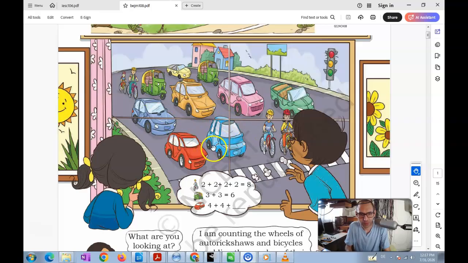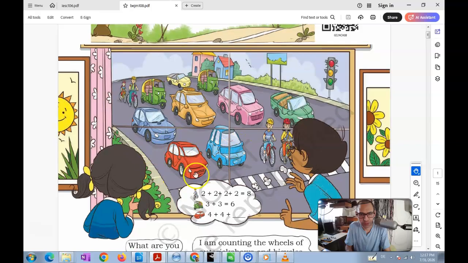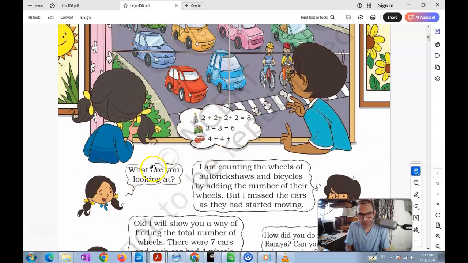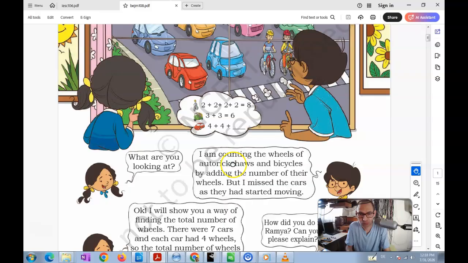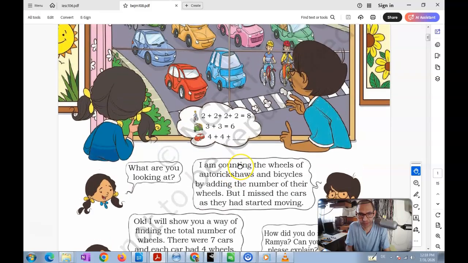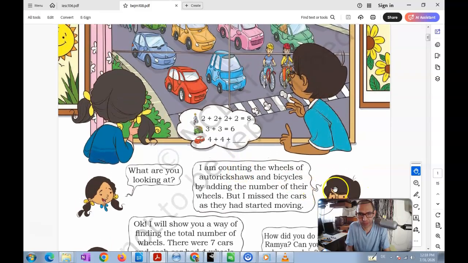Now here you need to note that the car has 4 wheels, the auto rickshaw has 3 wheels, and the bicycle has 2 wheels. So now she's saying, what are you looking at? And he's saying, I'm counting the wheels of auto rickshaws and bicycles by adding the number of their wheels, meaning he's not counting, he's adding.